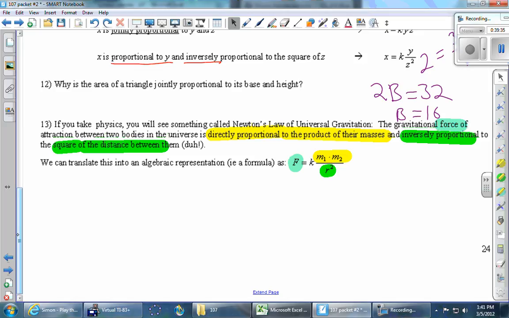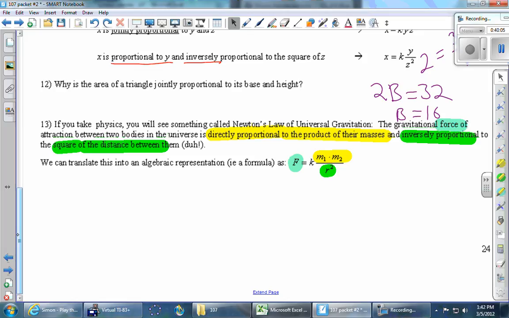Like nothing will happen because the force of the Earth pulling us towards it is so strong. Now, the fact is, you are also pulling the Earth up. But again, your mass is so insignificant compared to the mass of the Earth, it could care less. So like you could try to jump up and say, come on, catch me, Earth, but it won't move because you're so light compared to the Earth. So how do you make an attractive force stronger? Well, you can make the objects more massive, like the Earth has a strong attractive pull to us right now.